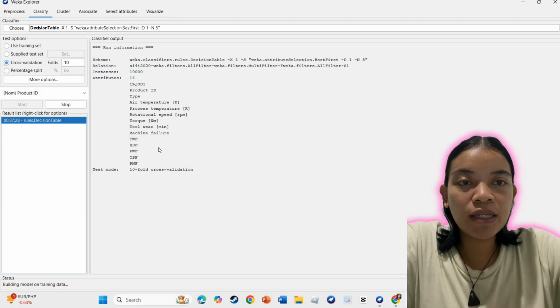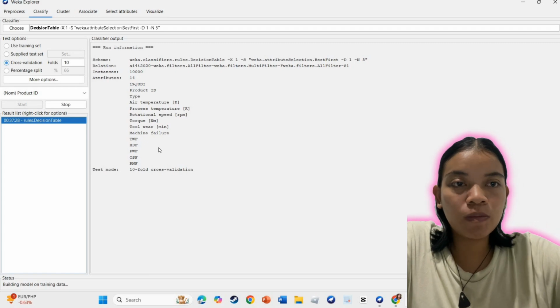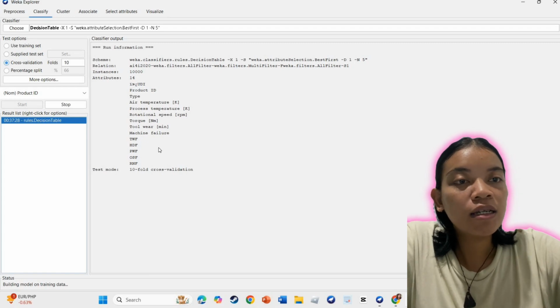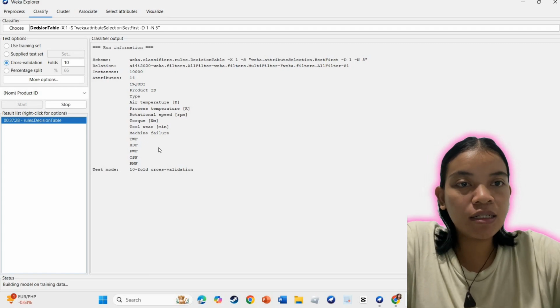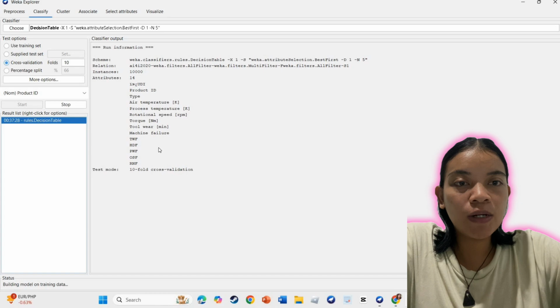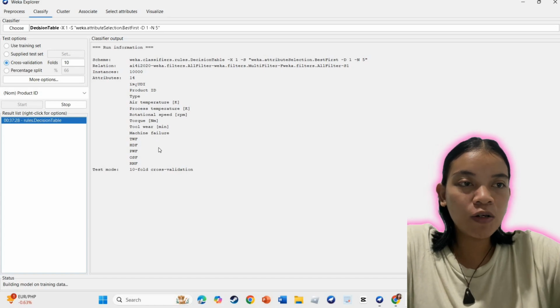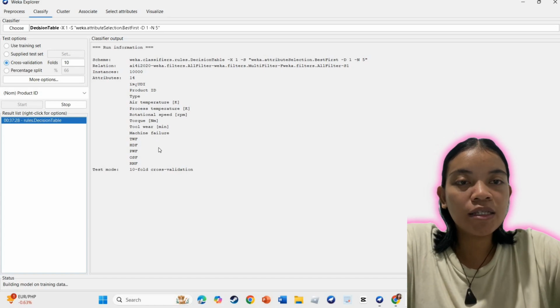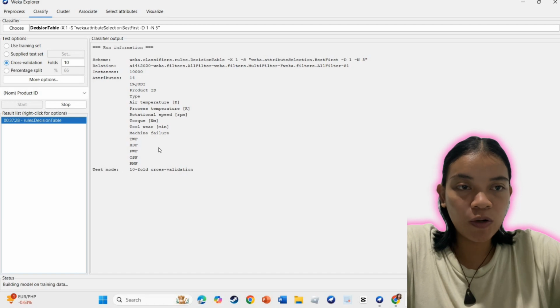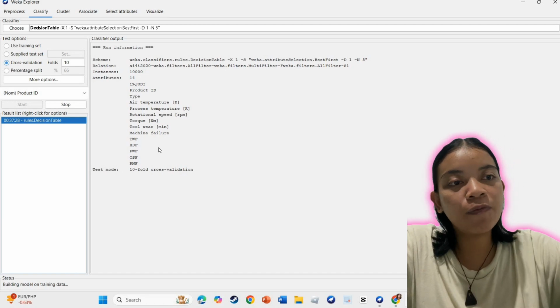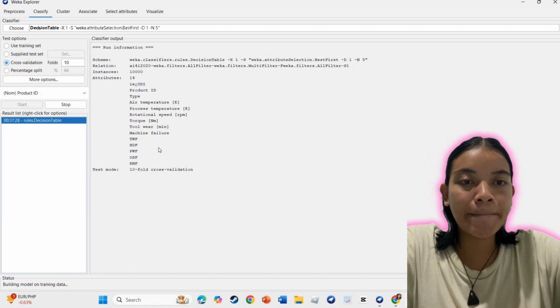And the root mean squared error, 0.0436, is slightly higher than the mean absolute error, combining small errors and occasional large errors. For the relative errors, the relative absolute error means the model performs as poorly as random guessing, and the root relative squared error confirms the model's lack of predictive accuracy.